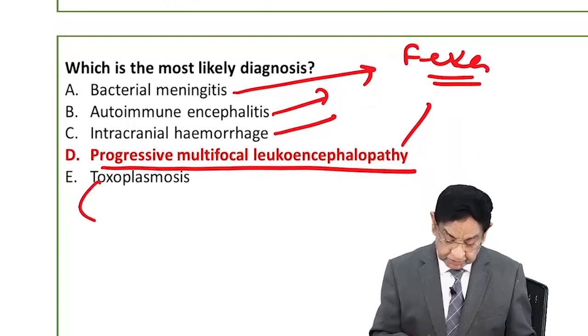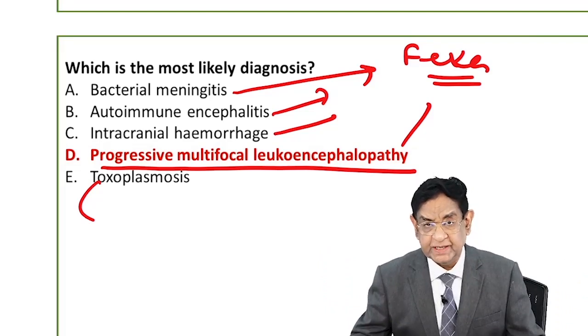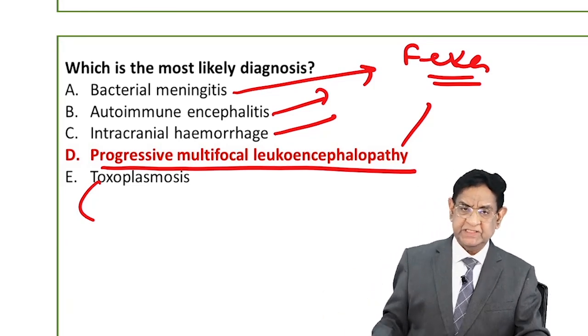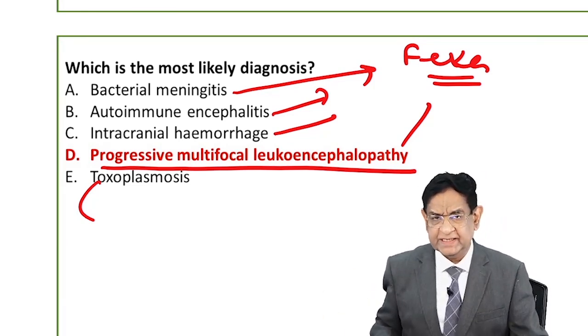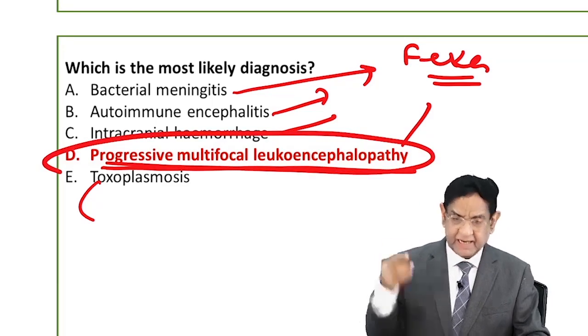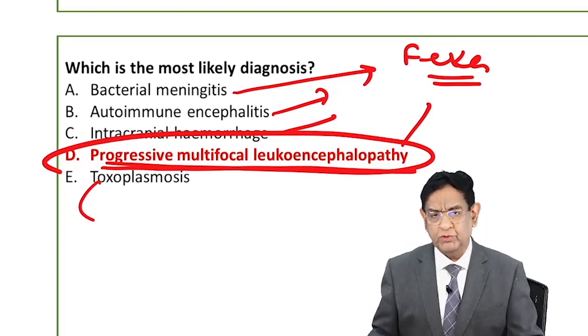And toxoplasmosis, again, we need to have some other features which support it. There's no clue that the patient has. A toxoplasmosis patient may even have seizures also. But there's nothing which indicates toxoplasmosis. But this is a well-known direct question. We can go by the direct method, we don't need the rule out technique.